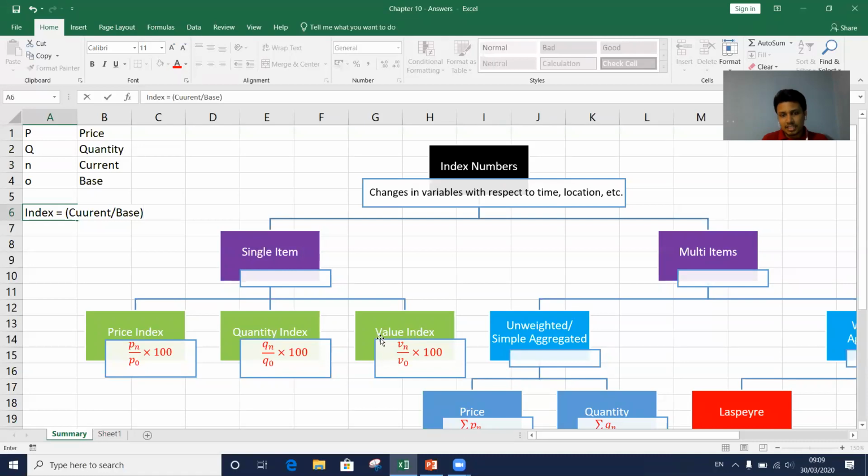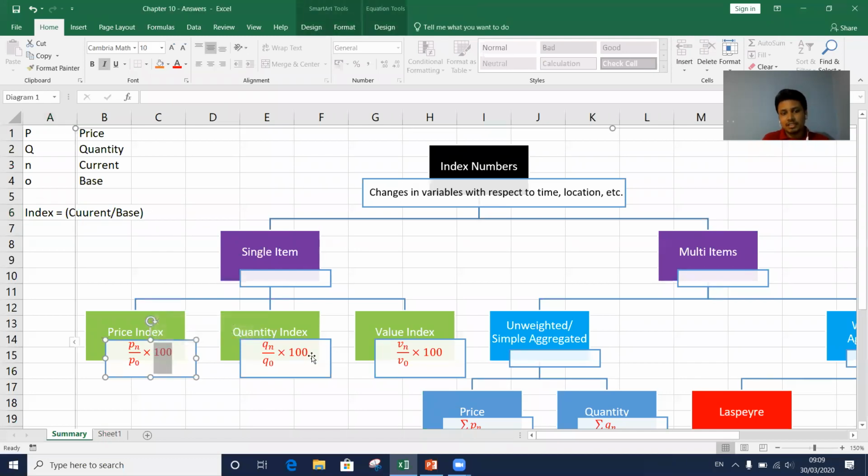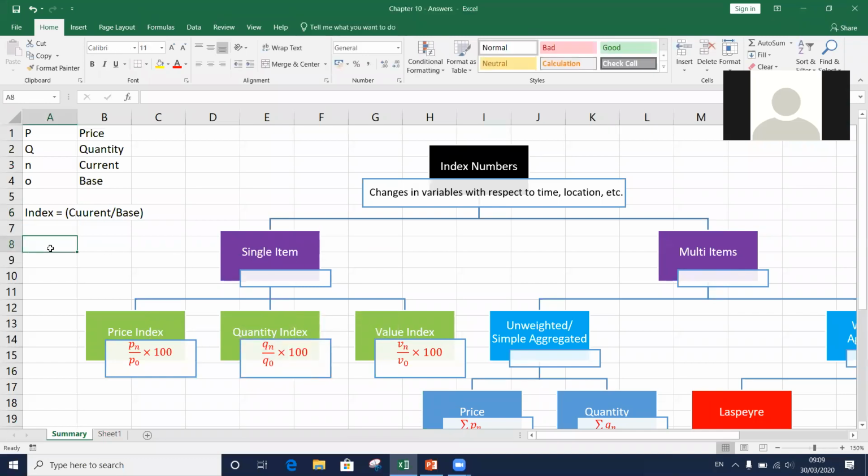Here, current year values divided by base year values. Always, when calculating indices, we divide the current year figures by the base year figures, and the other thing is we multiply it by 100. Right? So this is the reason.